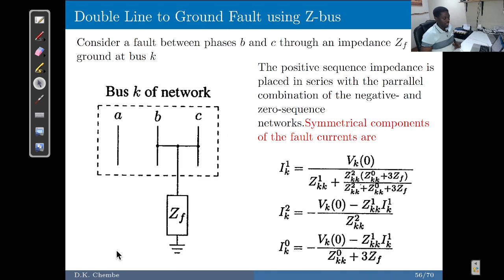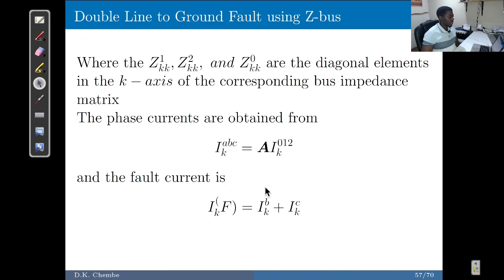You've got the 3ZF in series with Z0KK, and the current passing through there is VK minus that over that. So this is how we solve the fault currents in such systems.